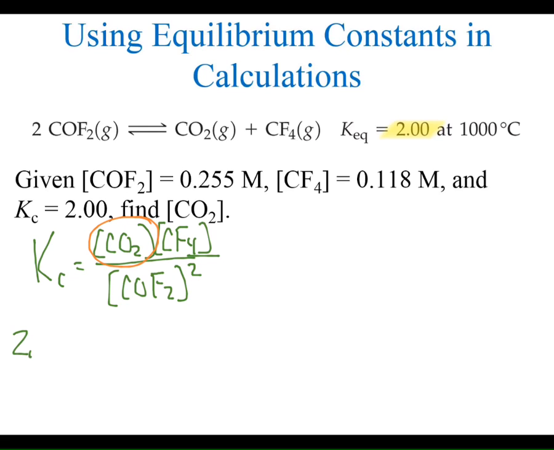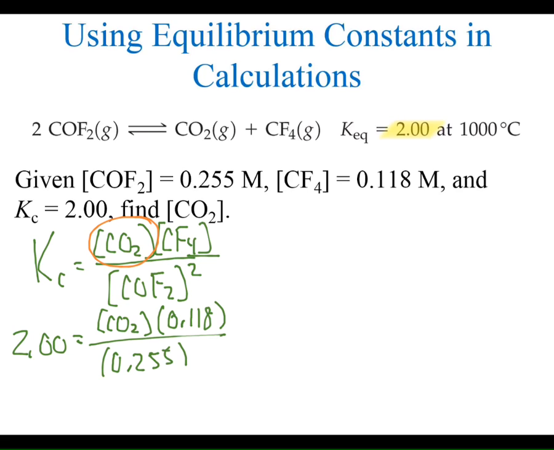So 2.00 equals CO2 times CF4, which was 0.118, over COF2, 0.255 squared, don't forget. So then you do a little algebra, solve for that CO2 however you do, and tell me what you get when you rearrange and solve for CO2. Make sure you can do that algebra.